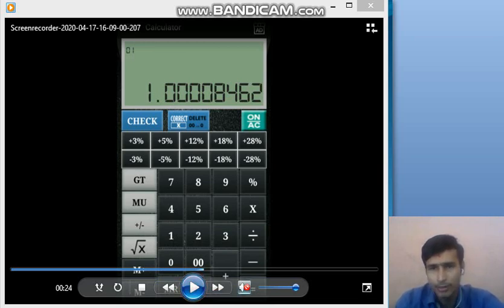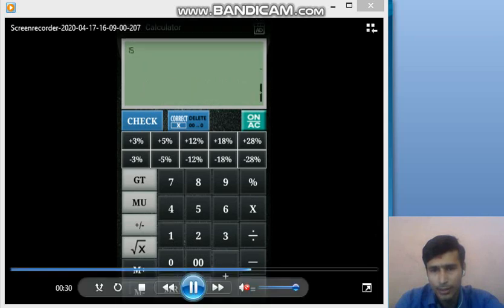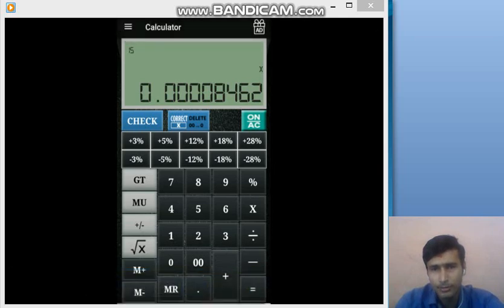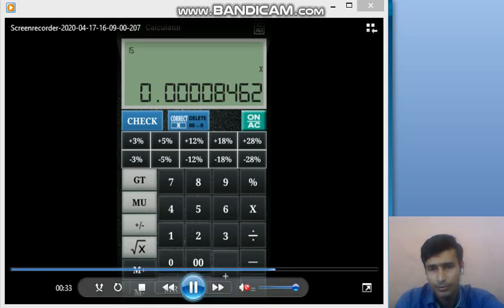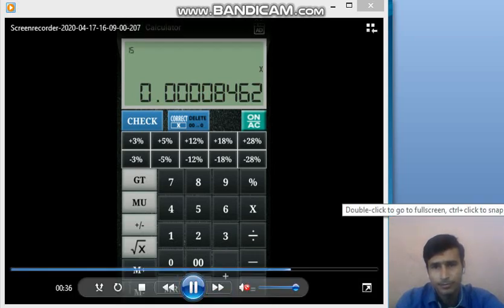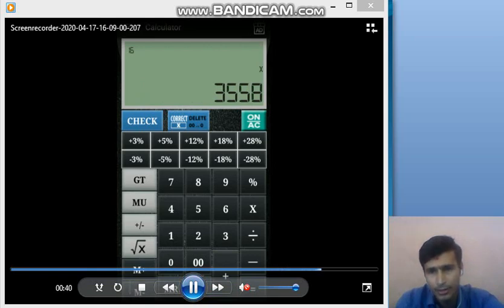Then the third step is to subtract 1 from it. So we take minus 1 from it. You get a result like this. The fourth step is to multiply by 3558.